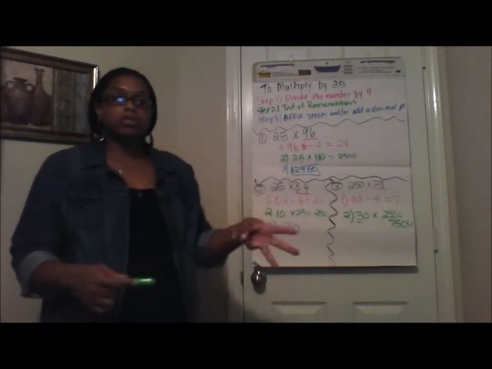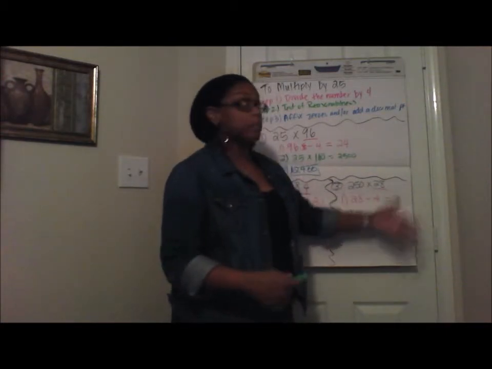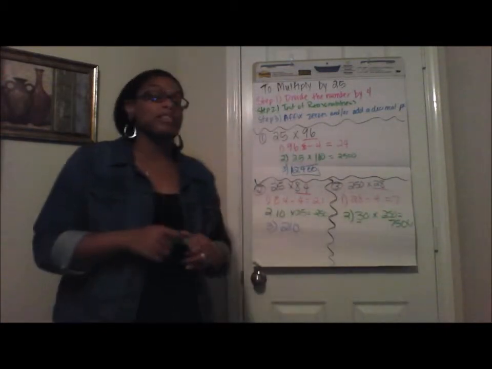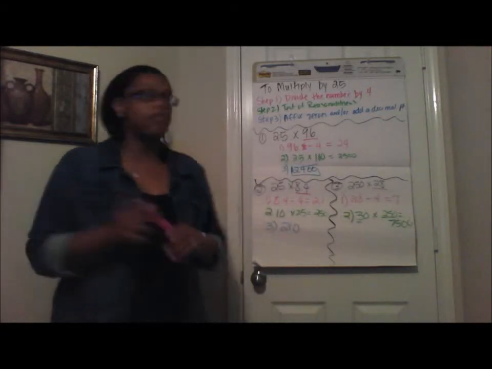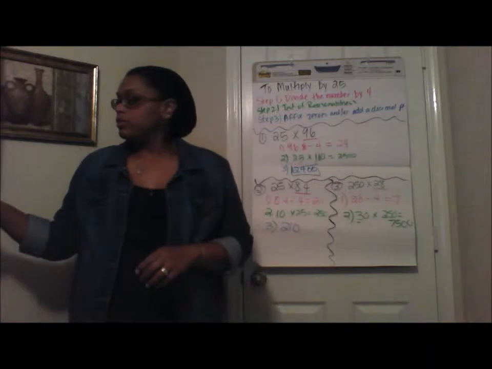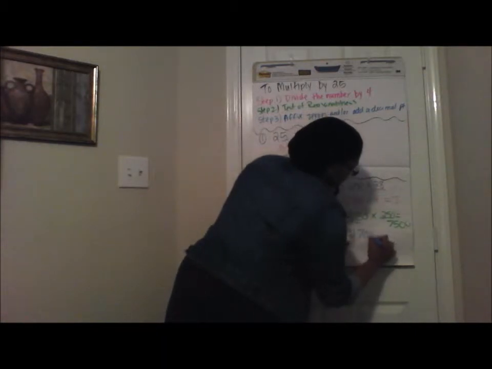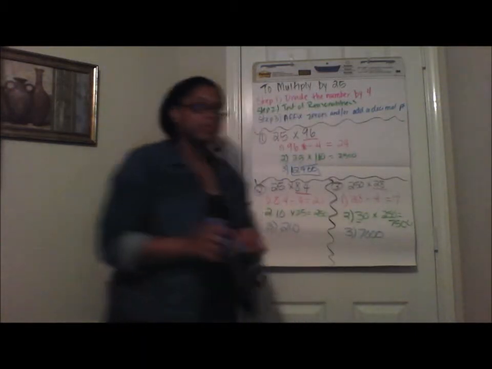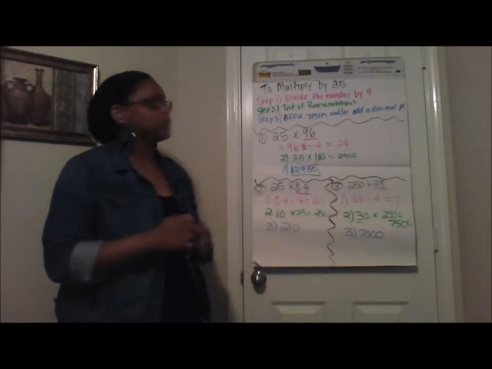I need to affix 3 zeros because my number is in the thousandths place. And so 7 needs a few zeros. So my final answer would be 7,000. And that is how you multiply by 25.